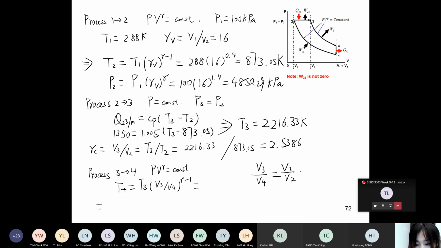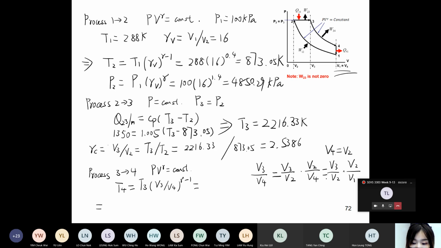V3, V2, V2, V4, right? I mean that. But remember, V1 equals V4. It is a constant volume. So we can rewrite it. Sorry, I should not jump this step because V4 equals V1, okay?